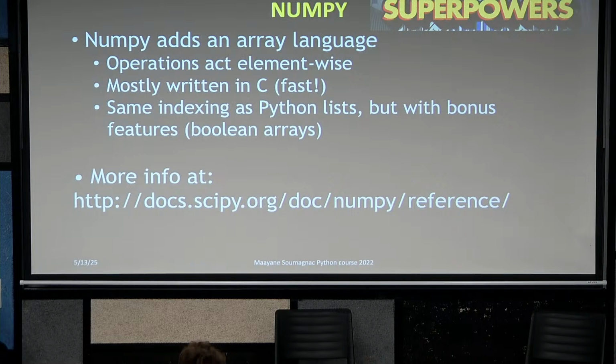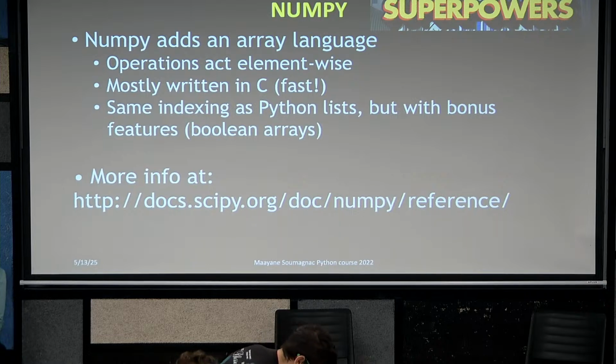There is a way to do it without NumPy, but it's less efficient. There is a very good reason why some very clever folks in California made this library, because the default way in Python is not so efficient. Okay, so it's an array language. I will give you examples.